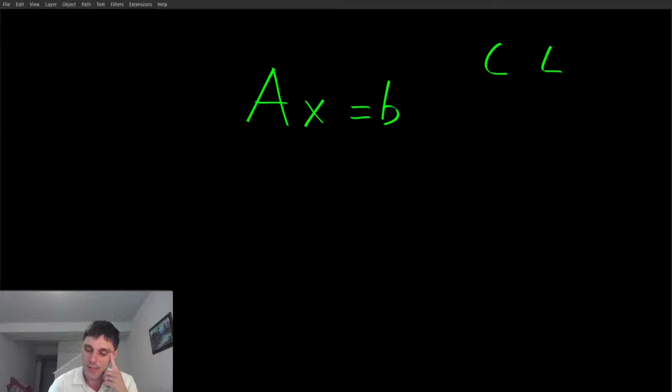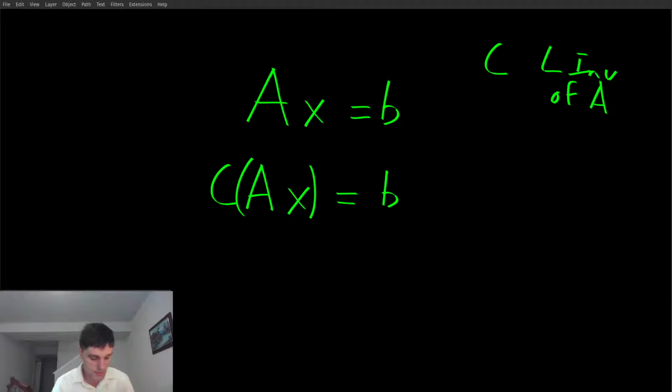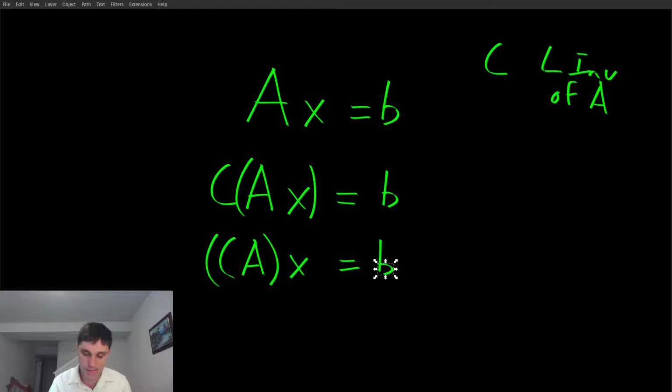Let's say we have A times x equals b, and let's say that there exists some matrix, let's call it C, that's a left inverse of A. If C is a left inverse of A and A times x equals b, then I can multiply both sides by C, just like I did with the real number case, and I end up with CAx is equal to Cb. Sorry, this should be C times B because I'm multiplying by C on both sides.